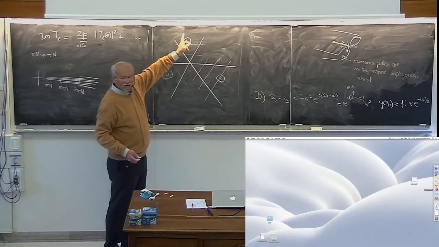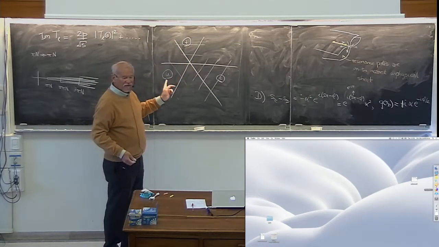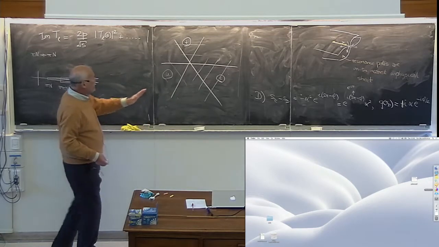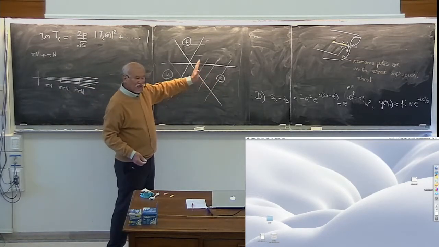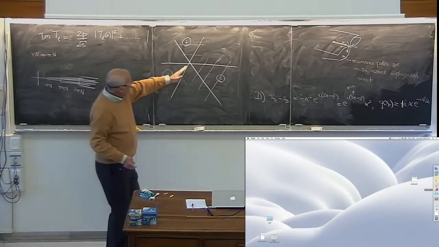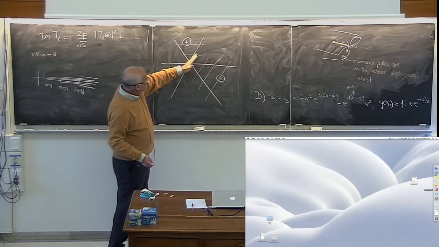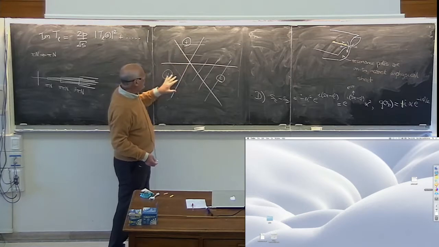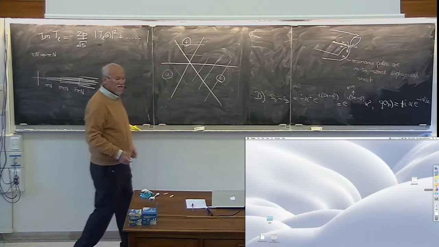What do these thresholds do to our amplitudes? Well, they generate new discontinuities of our amplitude, but as you see, these discontinuities happen with S negative. It corresponds to the physical region of the T channel and the U channel.